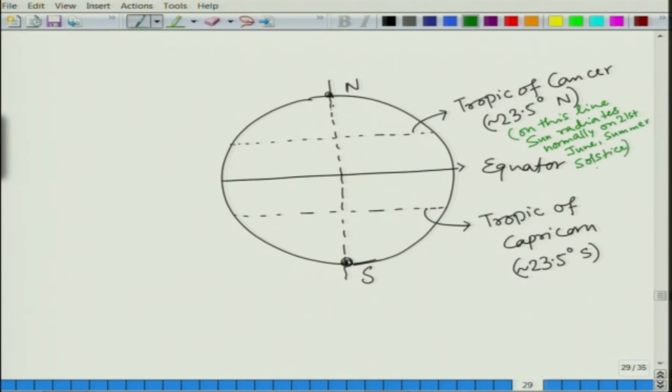And in the other direction we have this Tropic of Capricorn, on this line sun radiates normally on 21st December, which is the winter solstice.